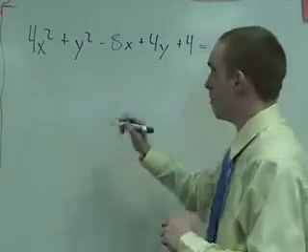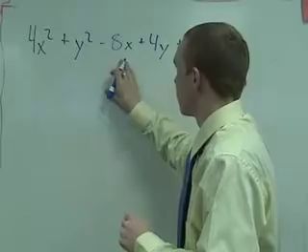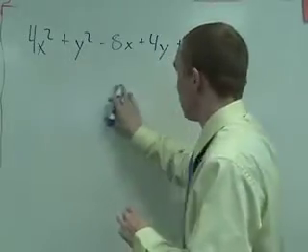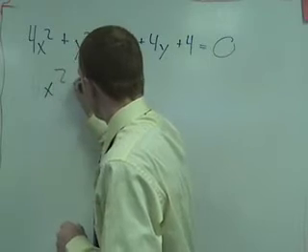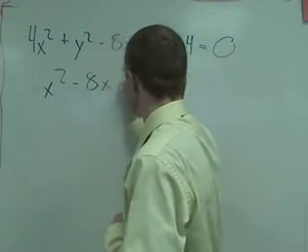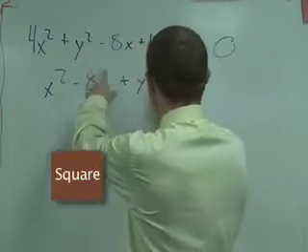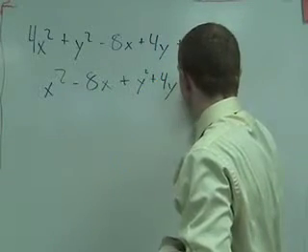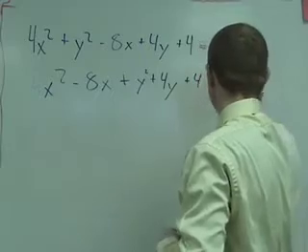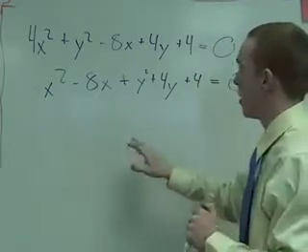First thing I like to do is get my x's together and my y's together. So we're going to get 4x squared minus 8x plus y squared plus 4y plus 4 equals 0. See that? I didn't do anything.